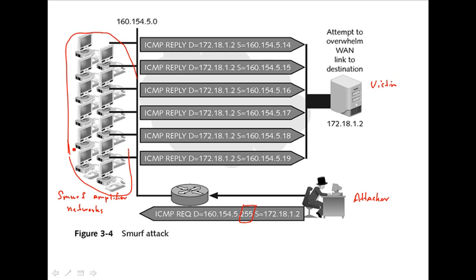And so you've got an ICMP echo request being sent to an entire network of computers, and they're going to reply. And what we've done here is we've spoofed the IP address of the victim.